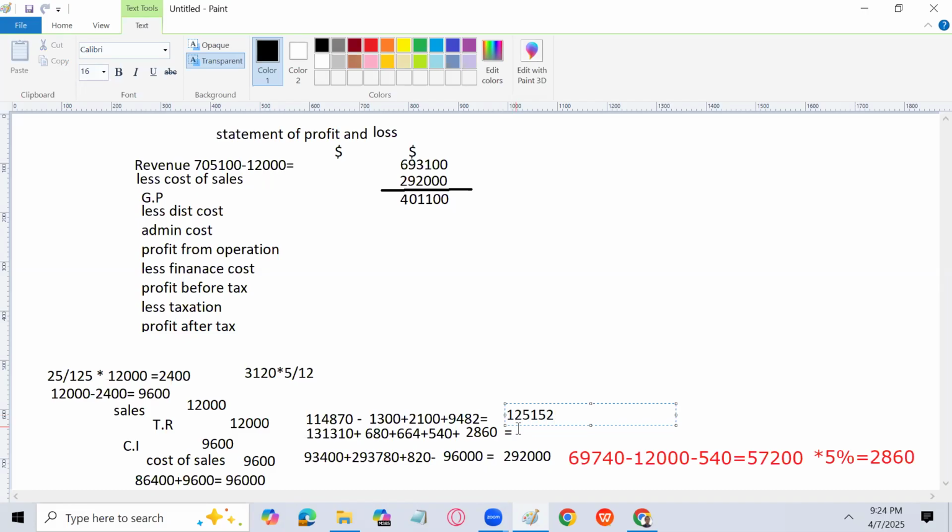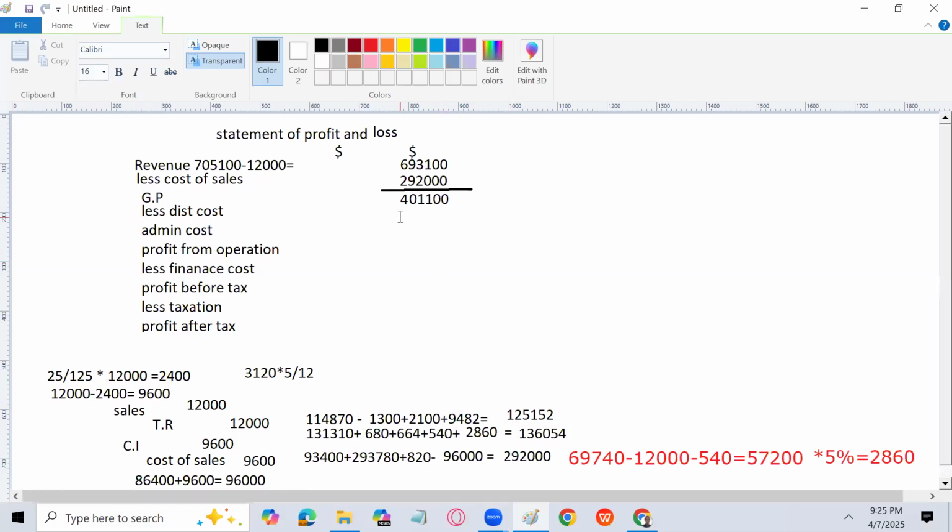You can calculate it with me so that there should not be any error. 125,152. Then for admin expenses, 131,310 plus 680 plus 664 is the depreciation, plus 540 again bad debts, and plus 2860. So 136,054 is going to be the admin expenses.